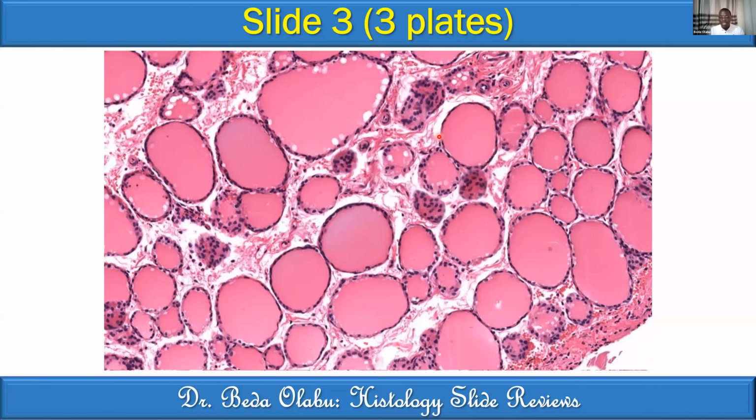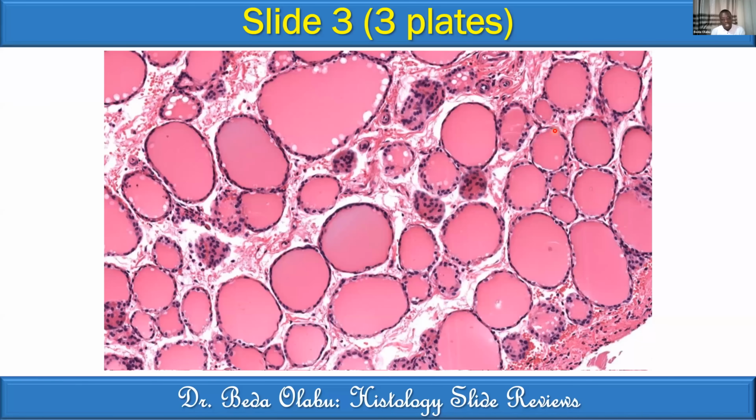When the gland is active, the colloid material is minimal and the follicular cells are high cuboidal, or they're columnar, they are long with some cytoplasmic projections.